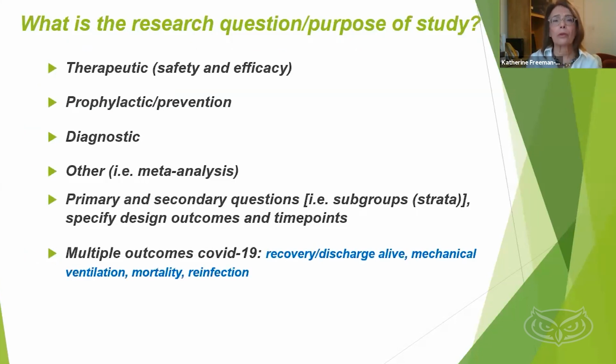Okay, so let's start with the research question. There are a variety of approaches: therapeutic, prophylactic, diagnostic. But let me give you some examples from these various epidemics. Therapeutic. Well, for HIV, we had and are continuing to provide treatment to patients involved in randomized trials.